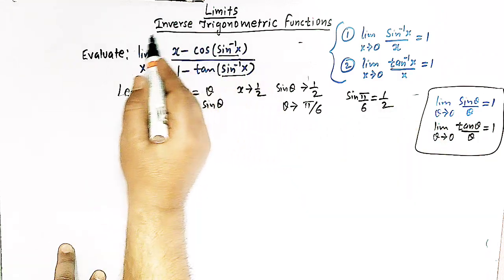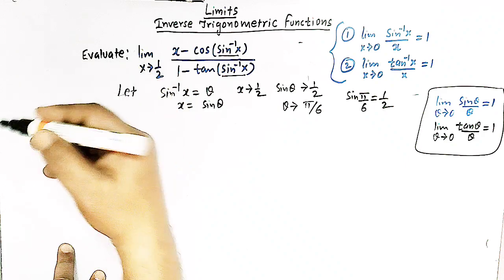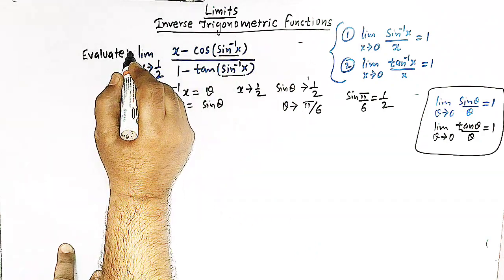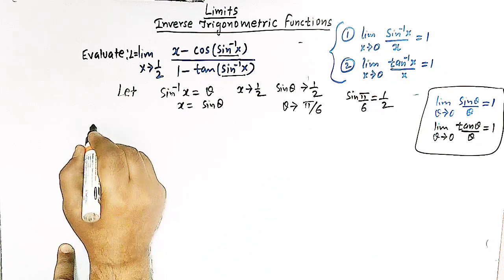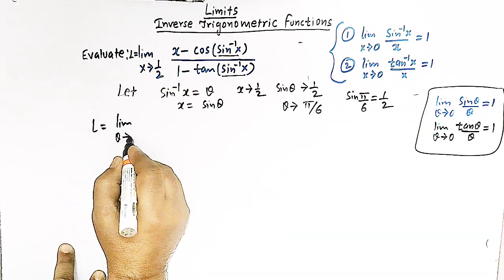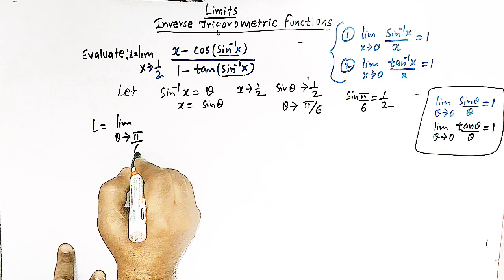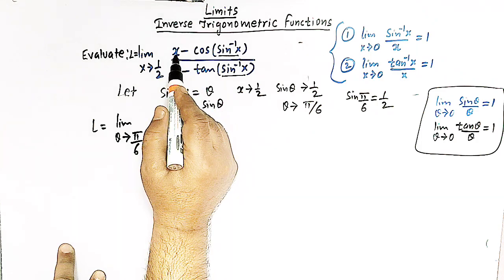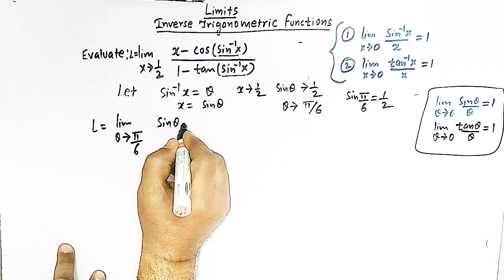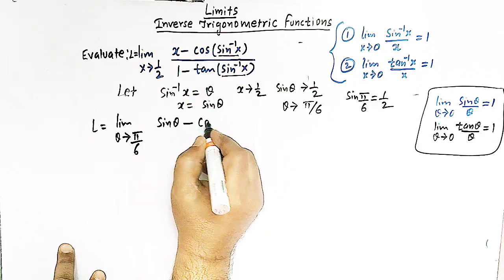So let us now transform this limit in terms of theta. So here let us take the value of this limit as L. So we have now limit, and here we have theta tending to pi over 6, and let us substitute here for x. We can now write sine theta, and then we have cos theta.